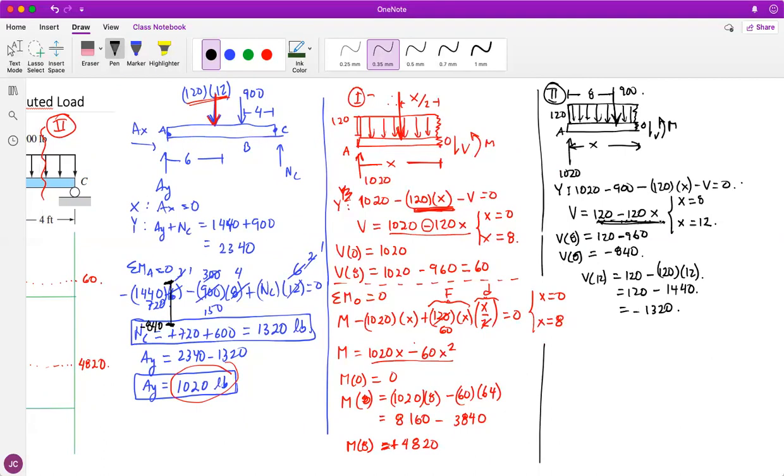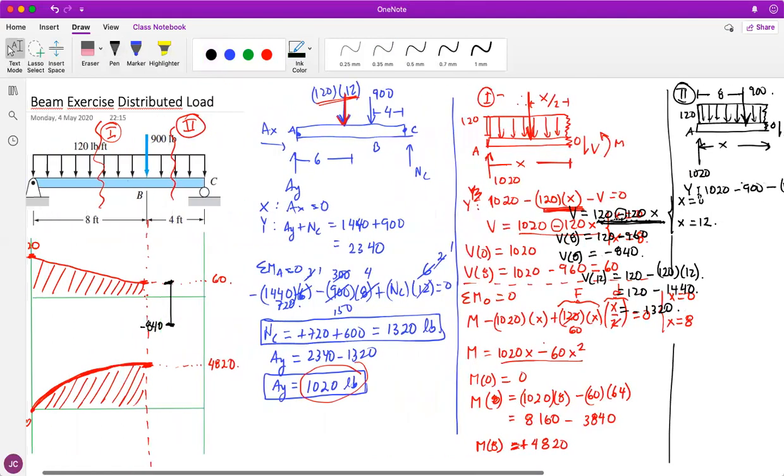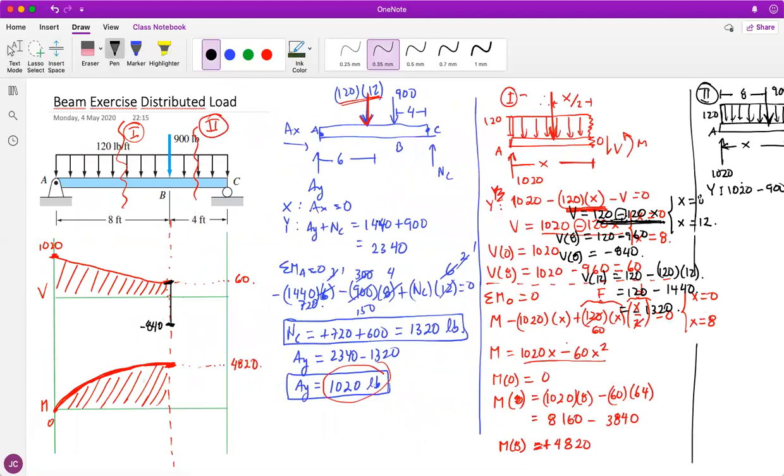I don't know what is happening over there, but this equation is actually a straight line with a negative. Therefore, what you will get over there is a straight line with a negative slope. So this thing is like this, and it will get me down to minus 1320. Okay, this is what I will have over here.